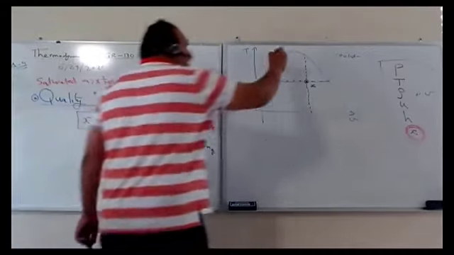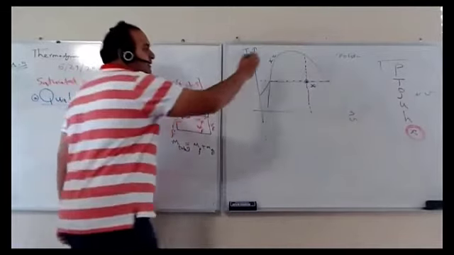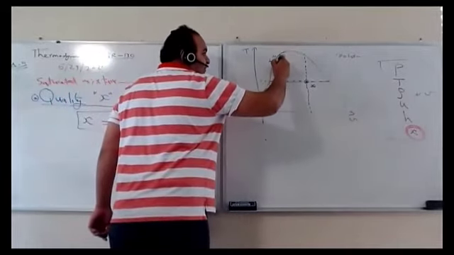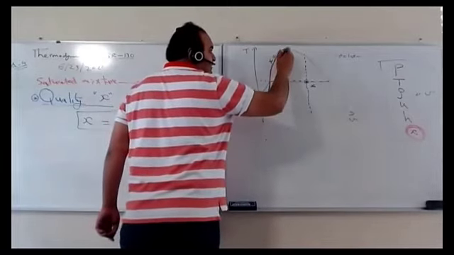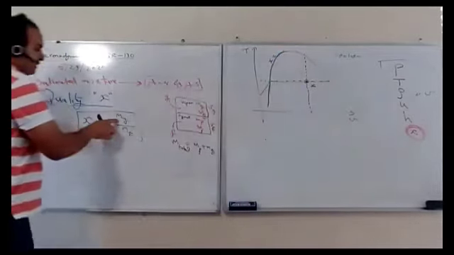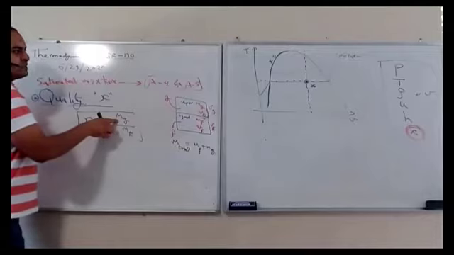Here, along this line, can somebody tell me how much vapor we have? How much gas? How much vapor? This is called saturated liquid. So vapor is what? 0.